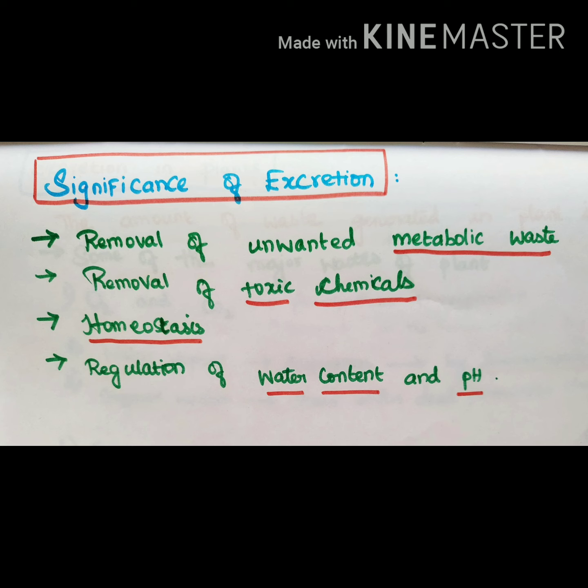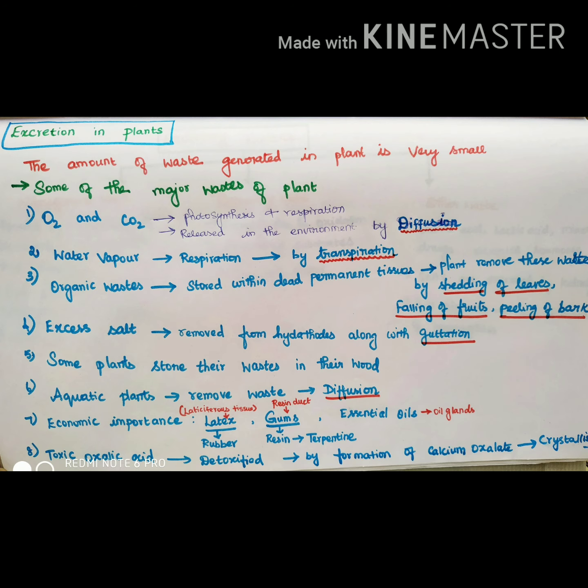These are some of the significances of excretion. And followed by the significance, we came across how excretion takes place in plants, what major products act as waste products in plants, and how they get removed.